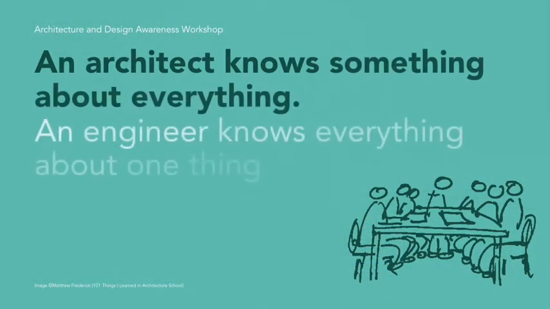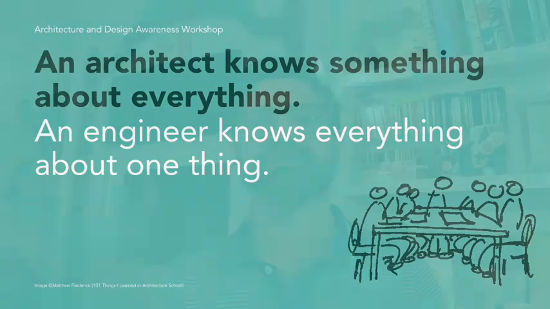An architect is someone that knows a bit about everything. An engineer is someone that knows everything about one thing. An architect is like the conductor of a symphony. He or she doesn't play an instrument, but is able to coordinate an ensemble of musicians playing different instruments.